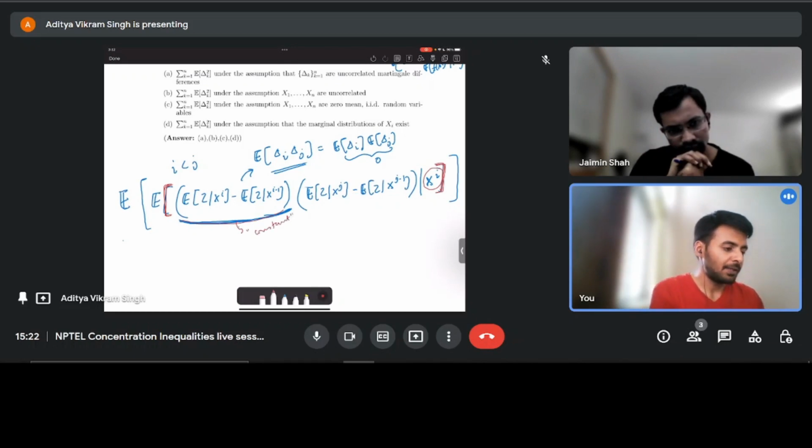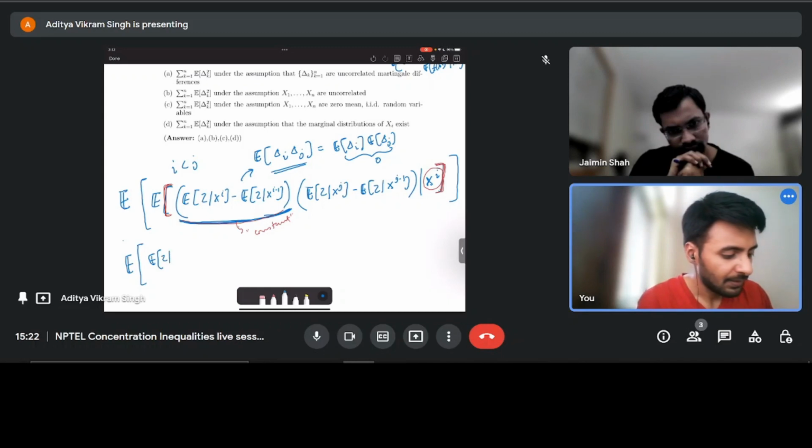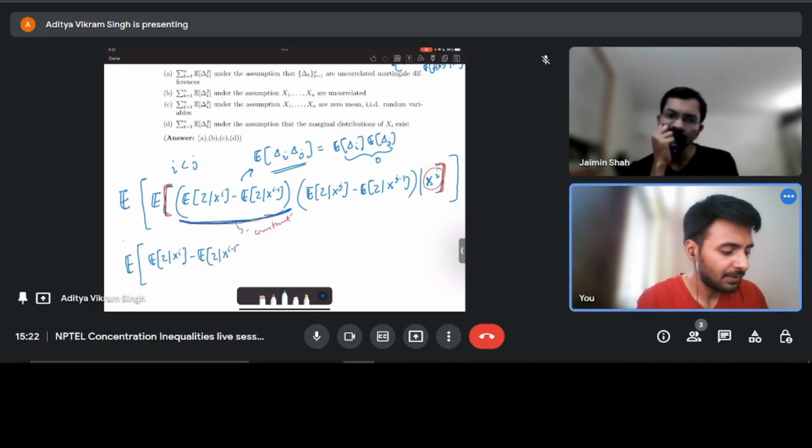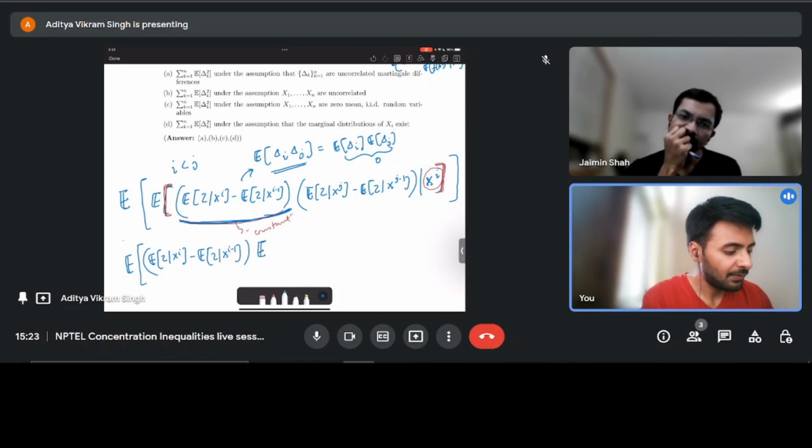And we know from the linearity property of expectation that we can pull constants outside. So we pull this thing out of the red bracket expectation: xi minus z given xi minus 1. And then inside what we have remaining is again this red thing.